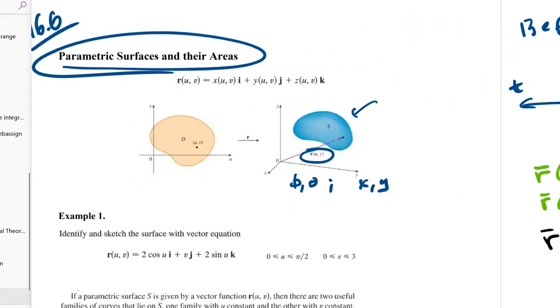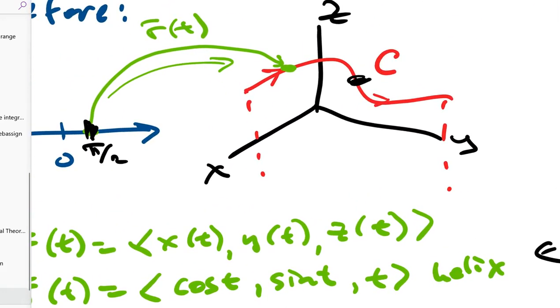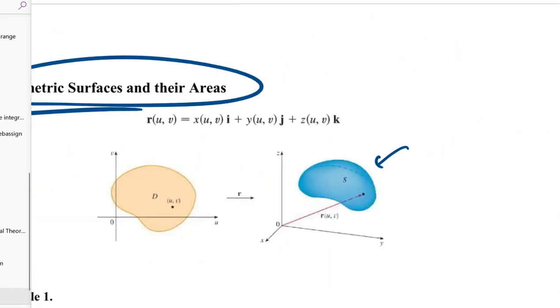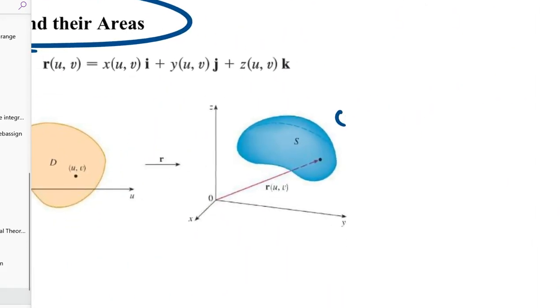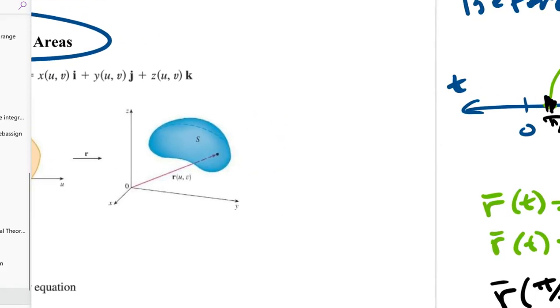So if we want to parameterize a surface though, if you flatten out the surface, like over here when I said you flatten out the curve, you pull the ends, you get the number line. So there's a one-to-one correspondence. But here, if you flatten out the surface, you're going to get a region in space. For example, if you take the bowl, all right, take the bowl, upside down paraboloid, like this, or maybe a half sphere.